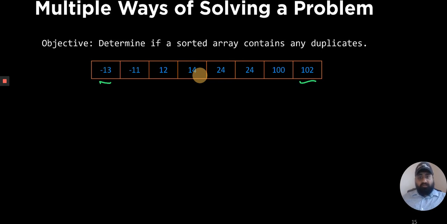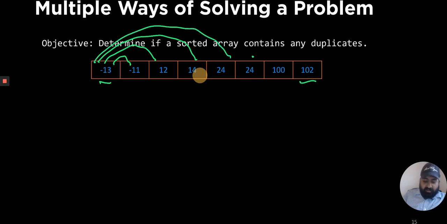One way to solve this particular problem is by comparing two numbers one at a time for all the possible pairs, which is you compare -13 with 11, you compare -13 with 12, you compare -13 with 14, -13 with 24 till you reach the end of the list.